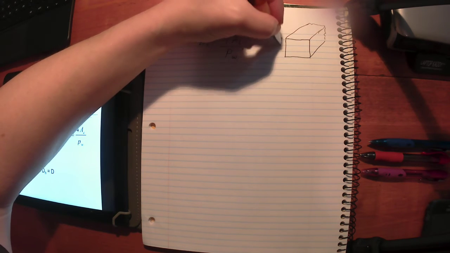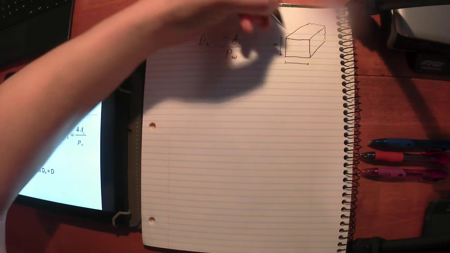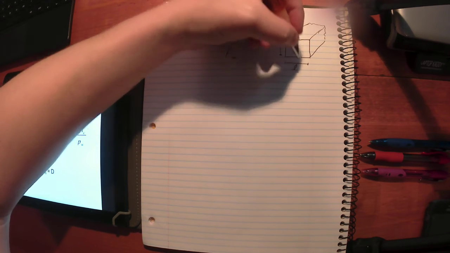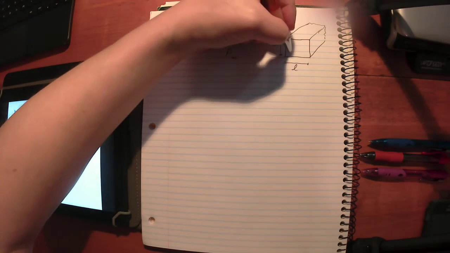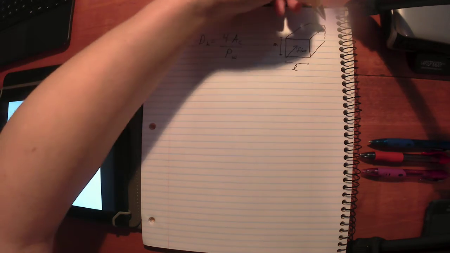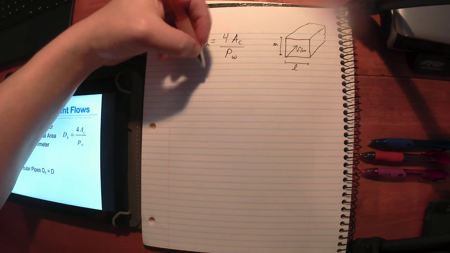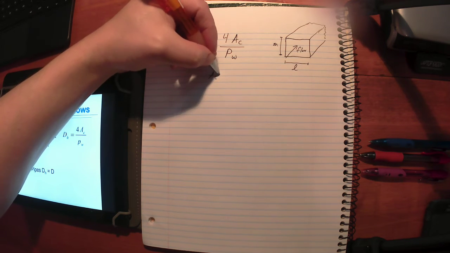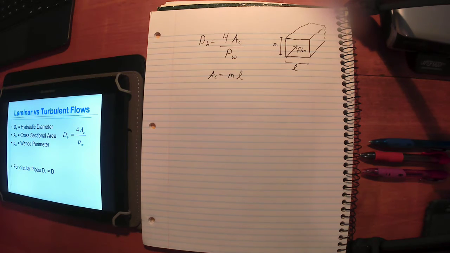Let's say I've got dimension here M, and let's say I've got dimension here, I could say N, but let's use something different. We'll say length, L. So 2 different dimensions there, and I've got fluid flowing down that conduit. The cross-sectional area of that conduit is going to be M times L.